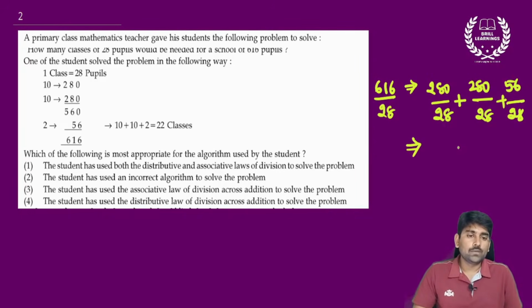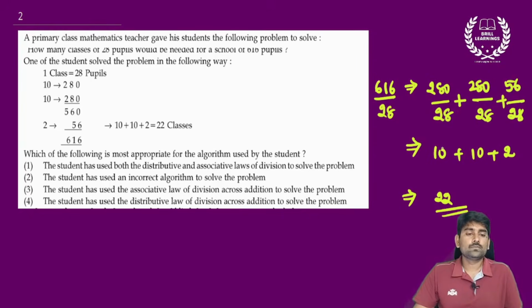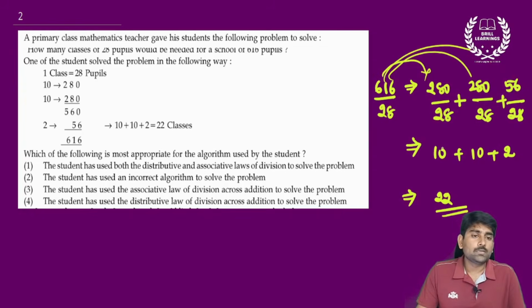So you can write these values like this: 10 parts, you will get 10 here, and then here 2. So in total, it is an example of distributive property where division is distributed over the sum of the parts which constitute the whole. So here if you observe, the student divided the whole into 3 parts. That means here we have distributive property.